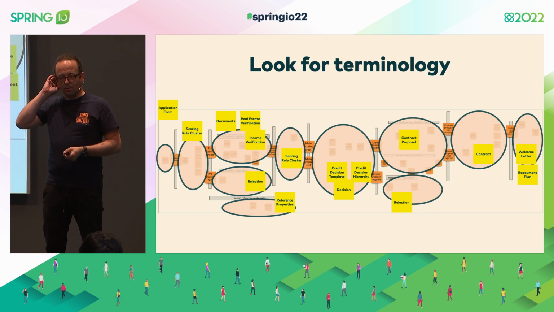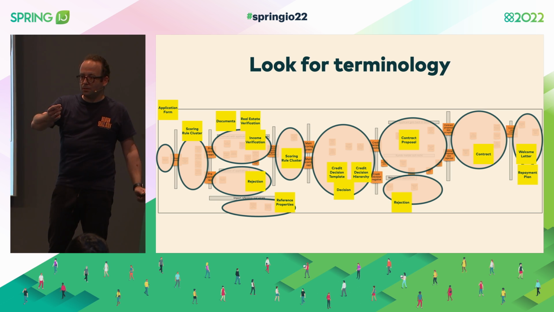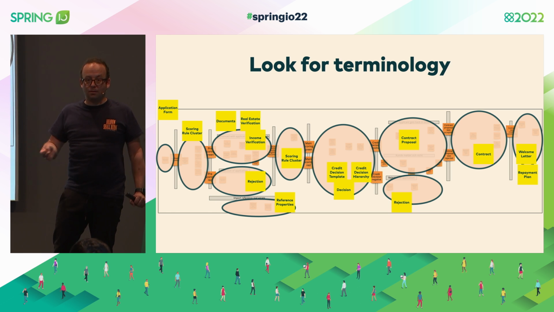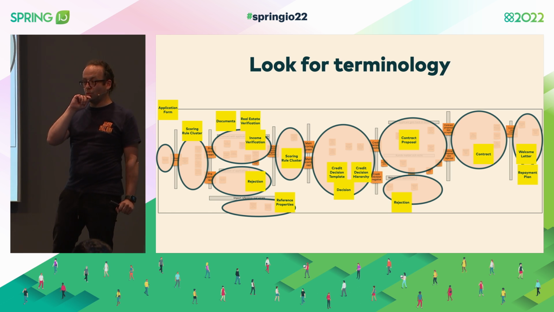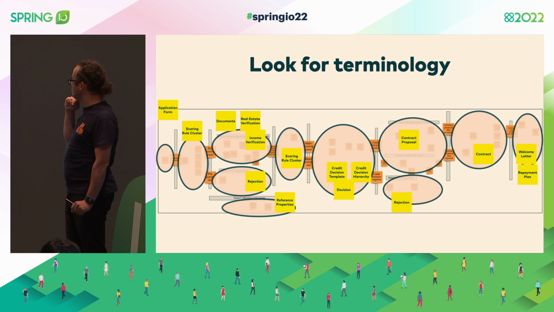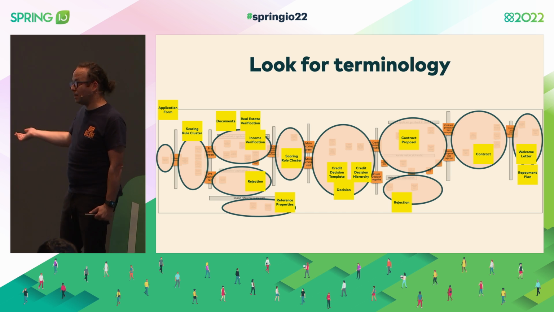You can also find misconceptions, unsharpness, abbreviations, and stuff like that. That gives you the chance to ask questions. Hey, what's the difference between an application form, a contract proposal, and a contract? Tell me. Okay. Maybe that's an indicator.